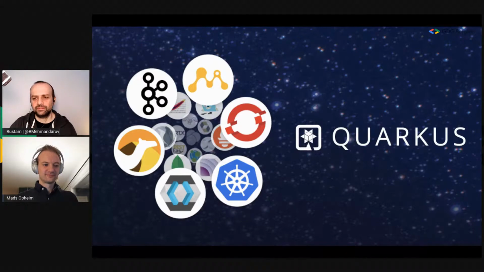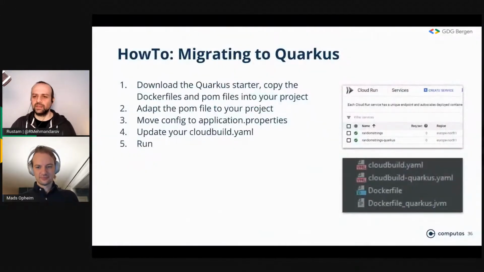And probably another thing that we need to mention is, well, we talked a lot about MicroProfile. We talked about Quarkus, and how nice it is, and all these kinds of things. But we probably need to talk a little bit more about how to migrate.